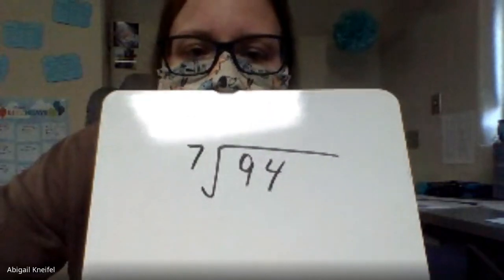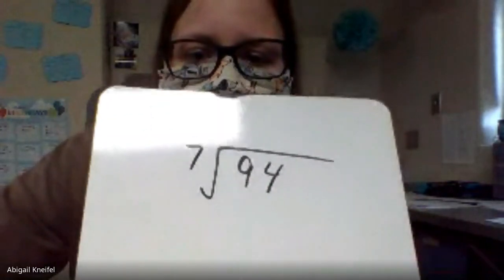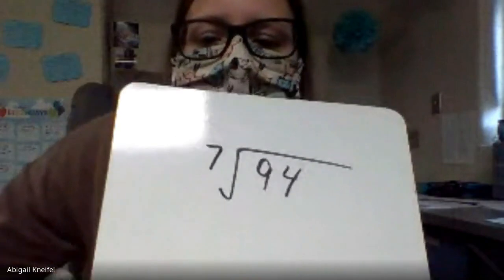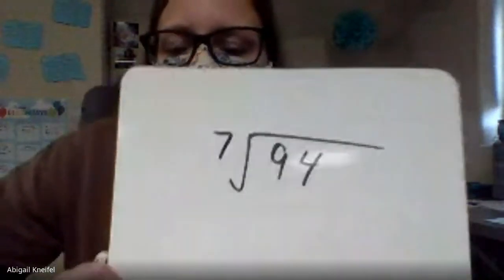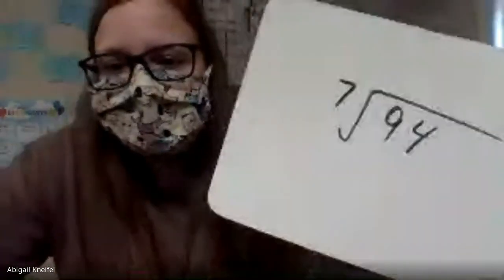All right, how about Jameson, would you like to unmute yourself and tell us how you got the answer? Work us through it, and I'll do it on my screen too. I wrote the dividend and the divisor. I did 7 times 1, which equals 7. Then I did 7 minus 9, which equals 2.